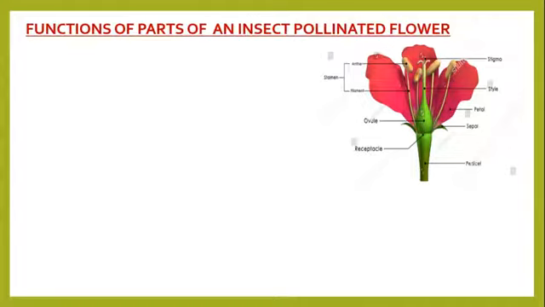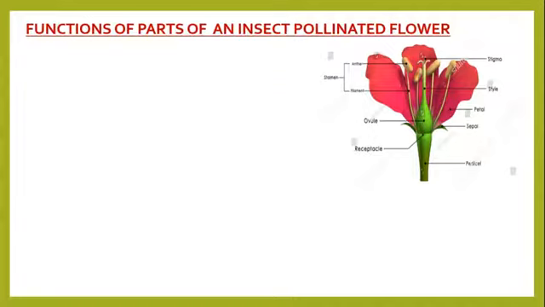What is the importance of flowers in general? Some will say it is used to decorate the environment. This answer is not correct because we are looking at the importance of the flower to the plant, not to humans. So let's take note of that difference.